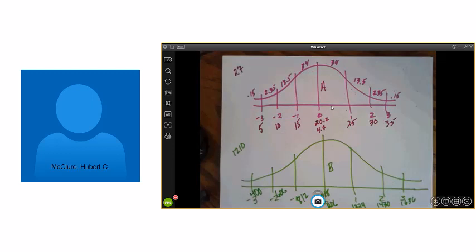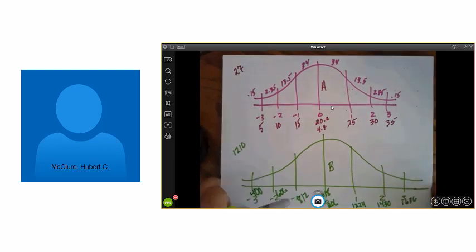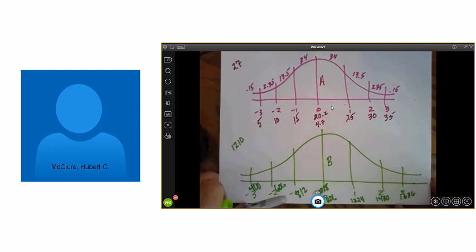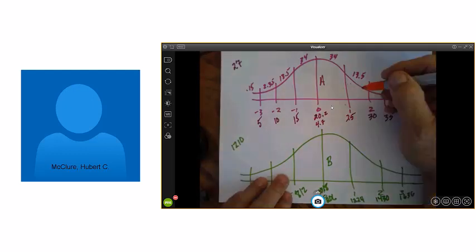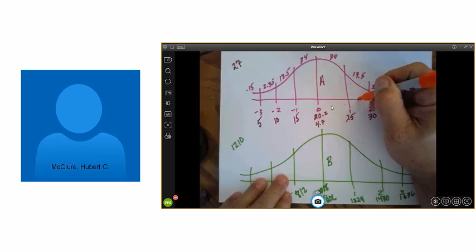Okay, so there's our two curves. I'm going to bring it up a little bit. There we go. Now I'm going to take the A and plot A in orange. 27, well that's halfway between, so it's right there.